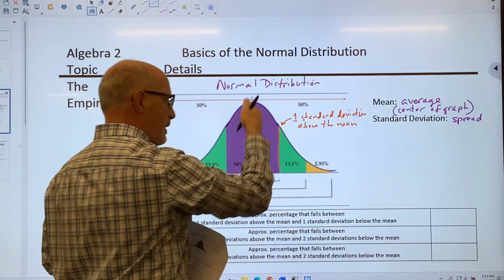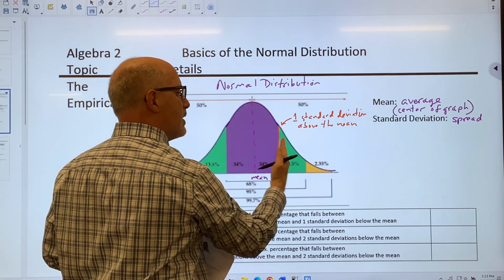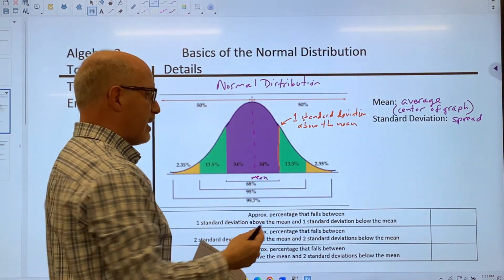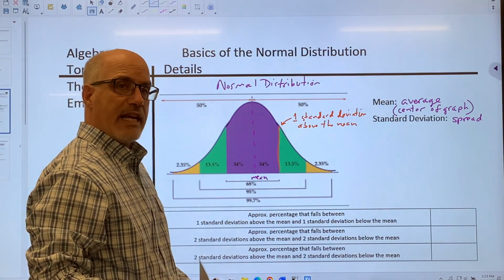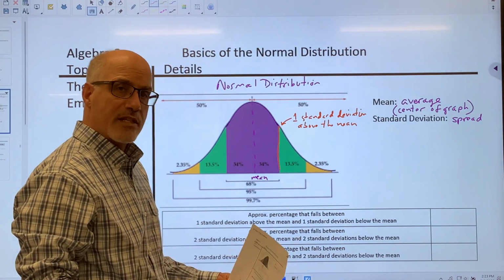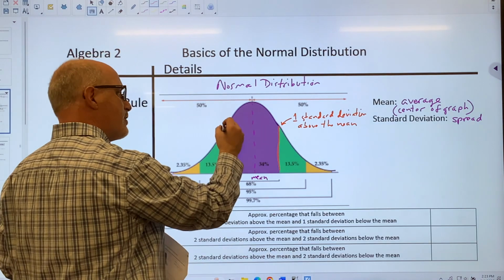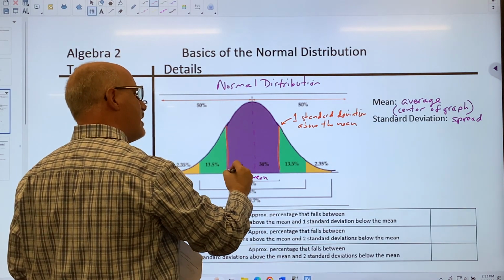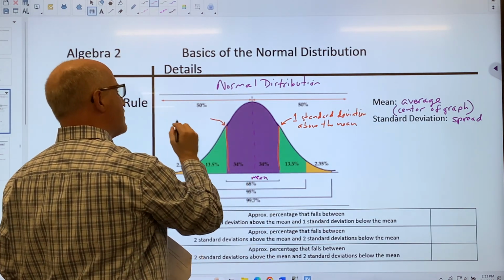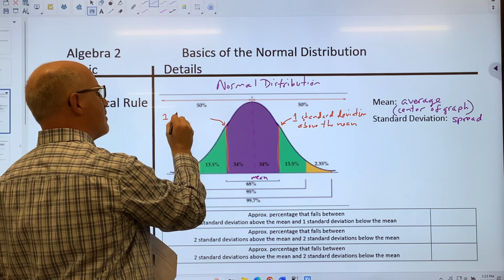So here's the mean, and this line is one standard deviation above the mean. 34% of the data typically, approximately, will fall in this data range. And this line here represents one standard deviation below the mean.